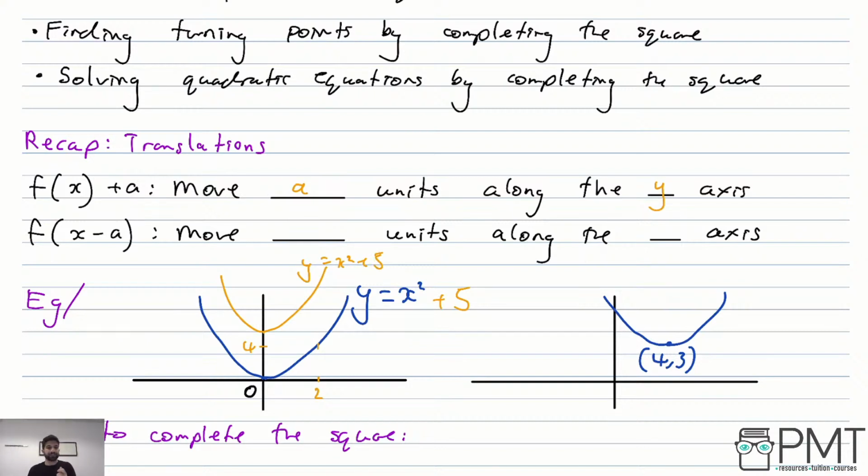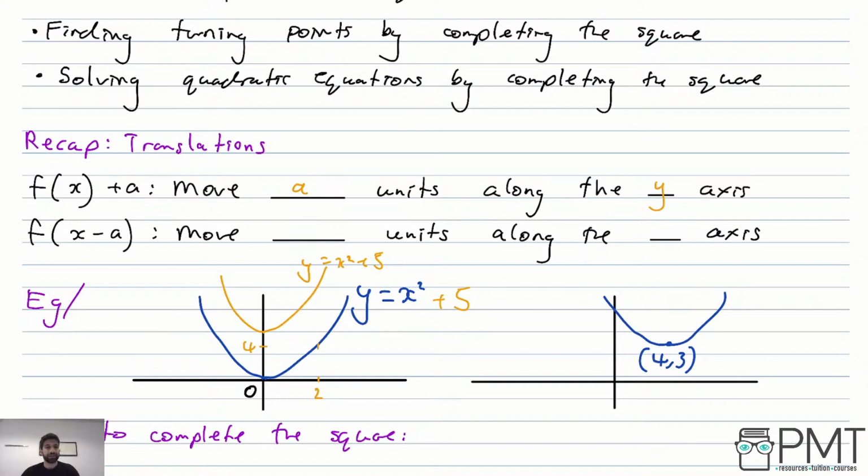If you're adding a constant to the whole thing, it moves up by how much you're adding, or you could be subtracting it. You could make it move down as well. That's the first one. What about the second one? If you are taking away or adding to just x, in that case, it's a bit different.